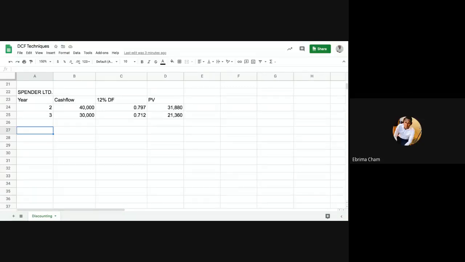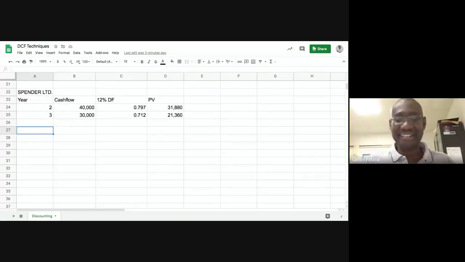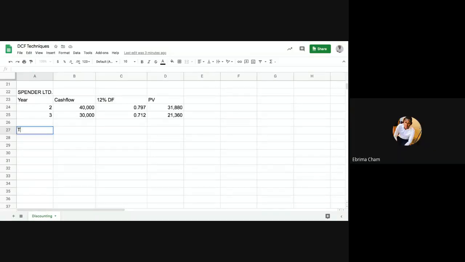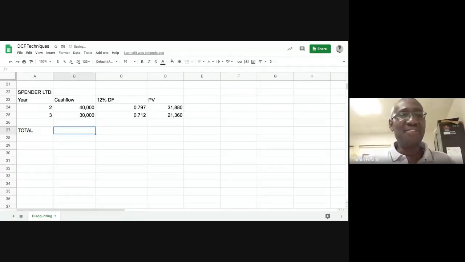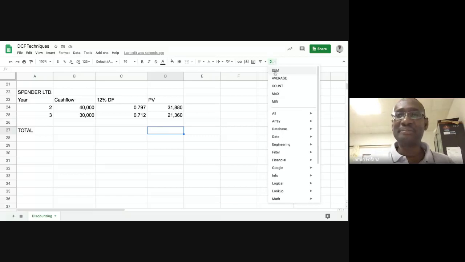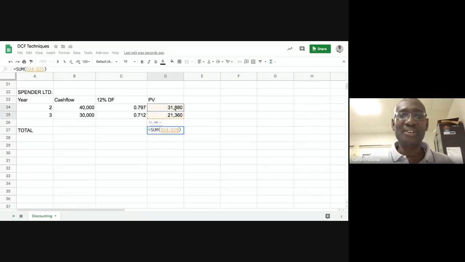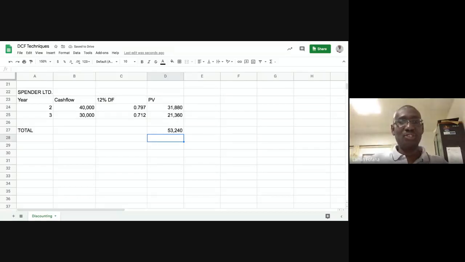It's high time you start giving us guidelines, Mr. Fofana. I've already started giving you guidelines. So we say total, then we just do the sum function here. I have already given you one guideline. So the total should be 53,240.